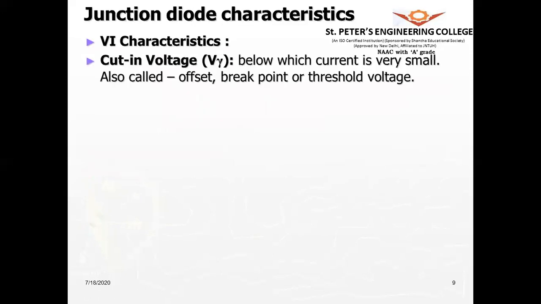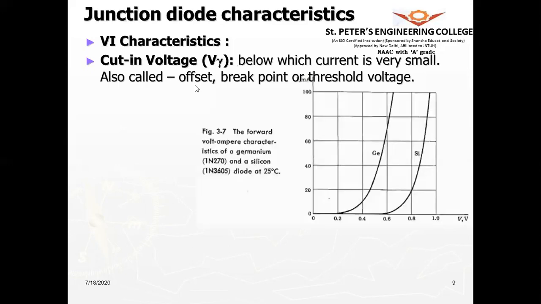As I mentioned, the voltage at which the current starts increasing in the forward bias, we call that the cut-in voltage, or the knee voltage, or the offset voltage, or the breakpoint. It is also called the threshold voltage. So there are different names for that. This is shown for the germanium and silicon diodes.